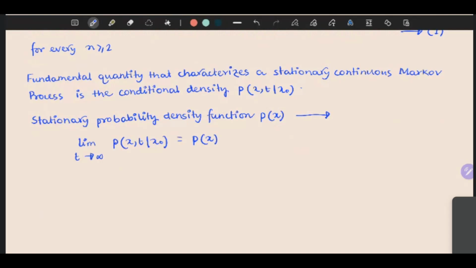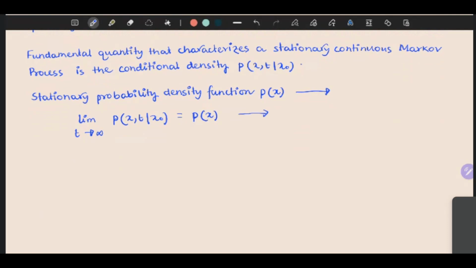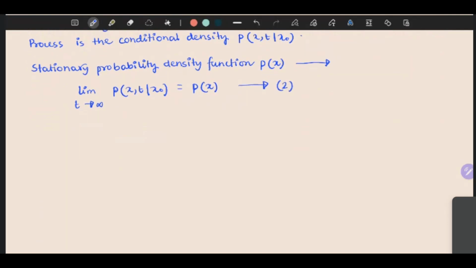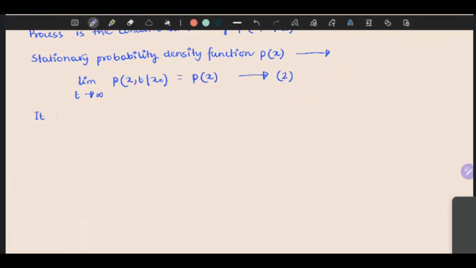So it is actually independent of the initial value x naught.